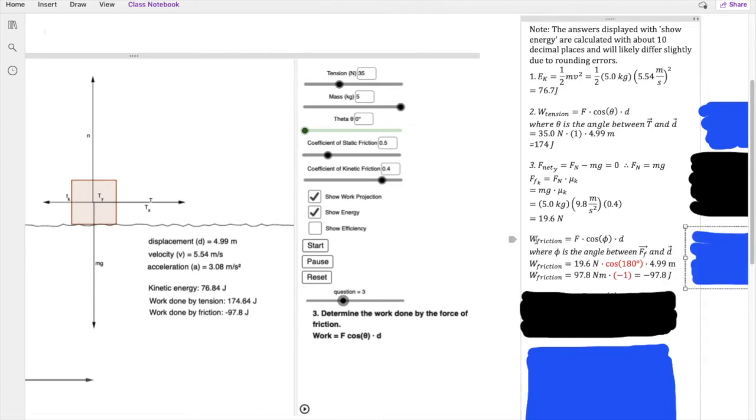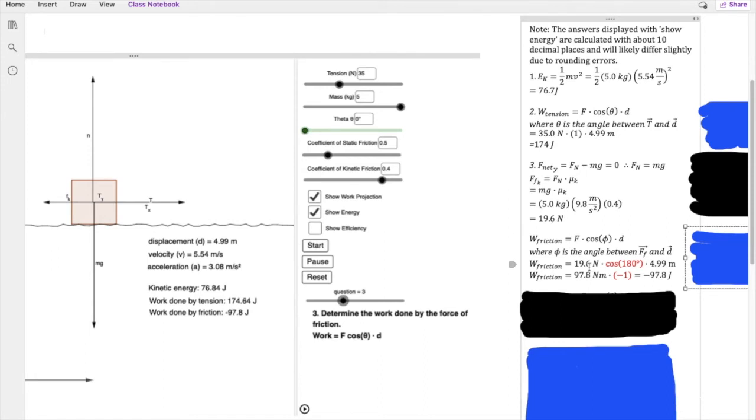So, the work done by the force of friction is equal to the force of friction times cosine of phi, where phi is the angle between the force of friction and the displacement. So here we go. We are now just going to substitute our values.